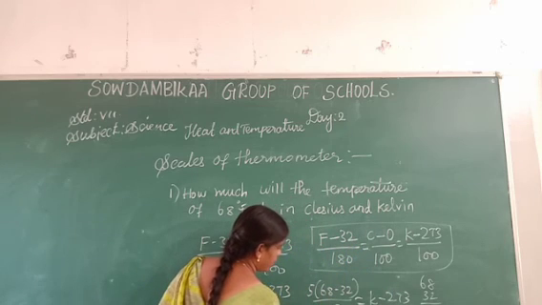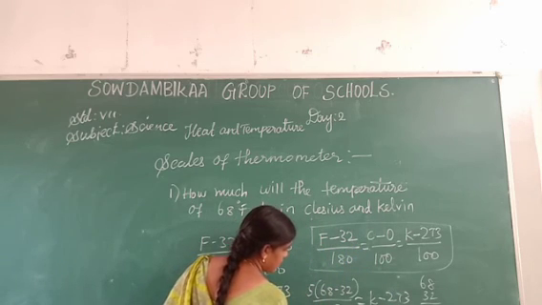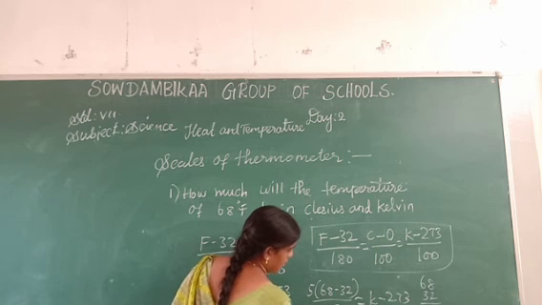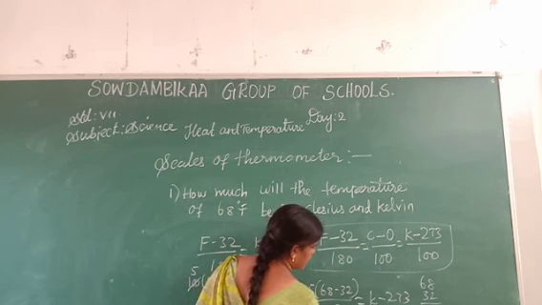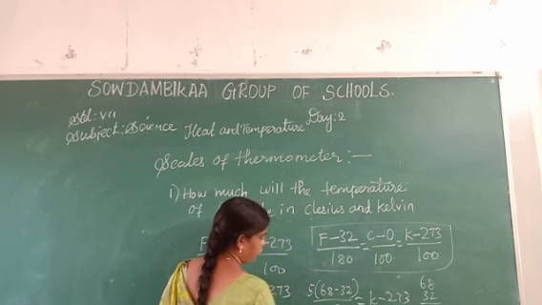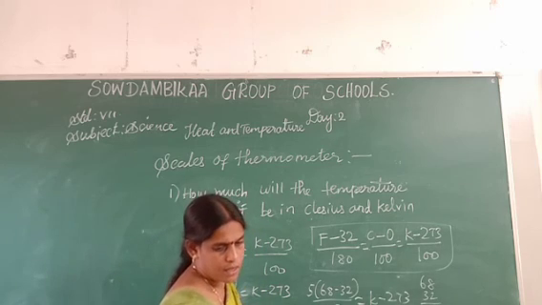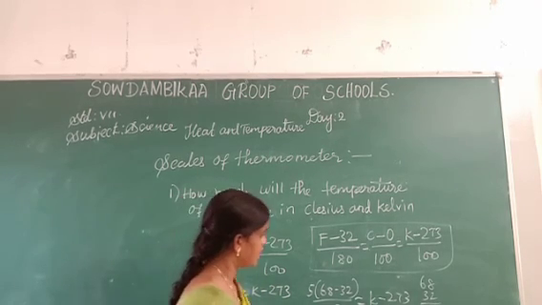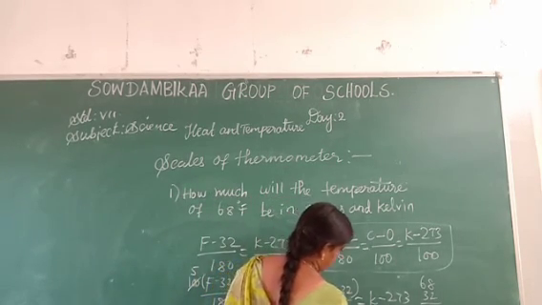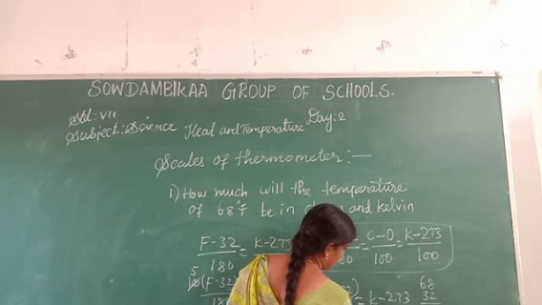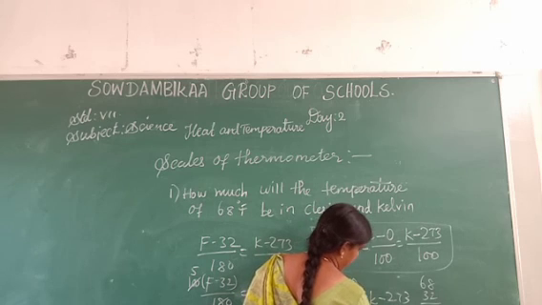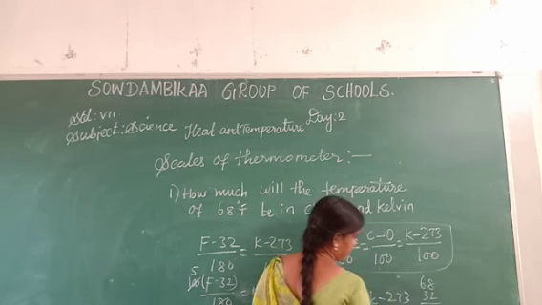So 5 into 36 divided by 9, the answer is 4 times 5, equals 20, equals K minus 273.